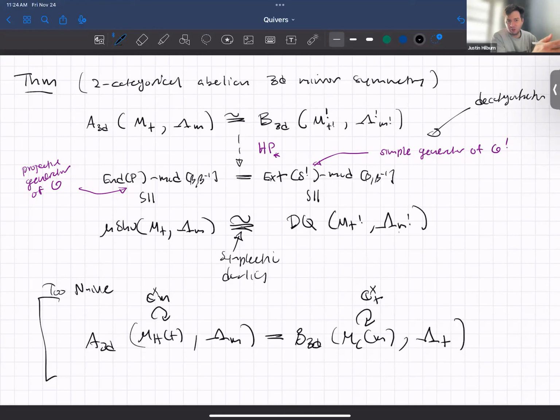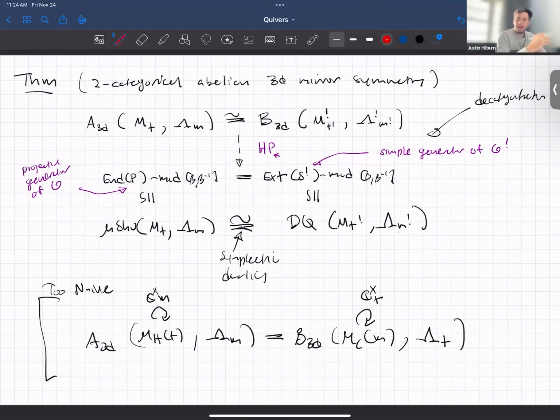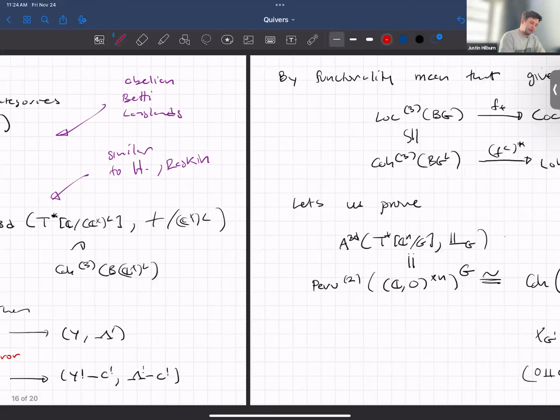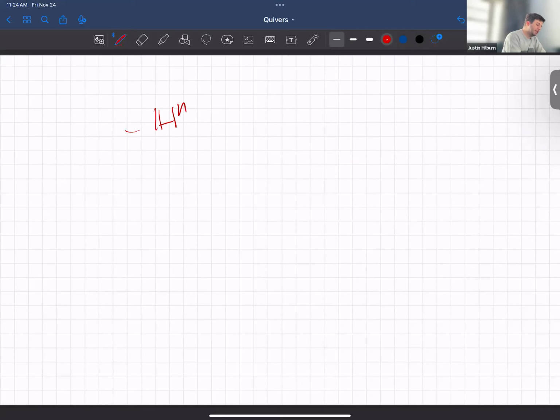And from these two categories, you can recover the Hilbert space. So basically the reason that I phrase this in terms of 3D mirror symmetry instead of Higgs-Coulomb duality is that this A side is sensitive to the gauge theory nature. The example that I like to think about is all of the H to the N's with U1 to the N acting on them.